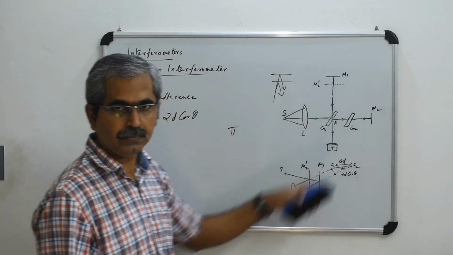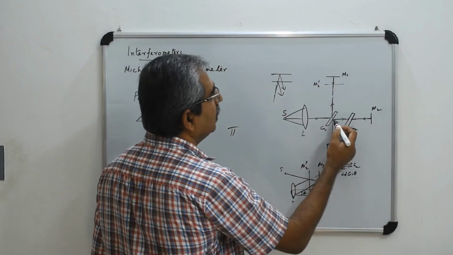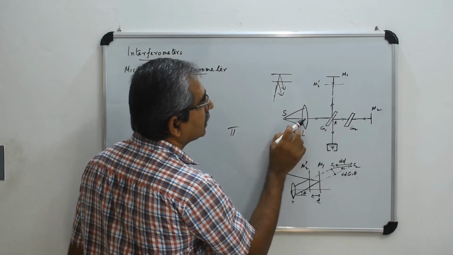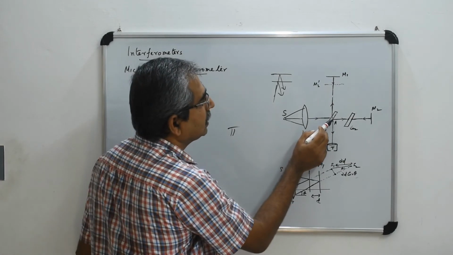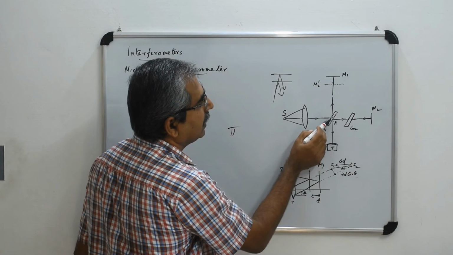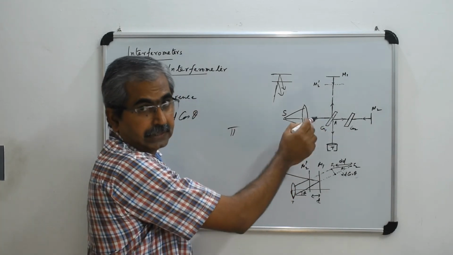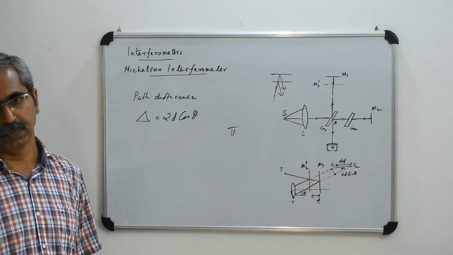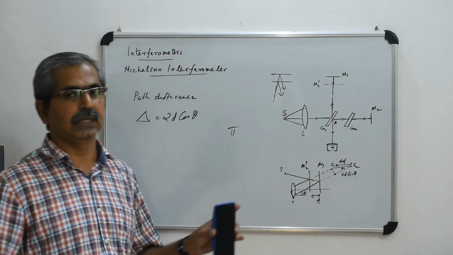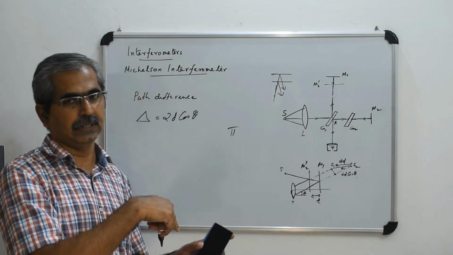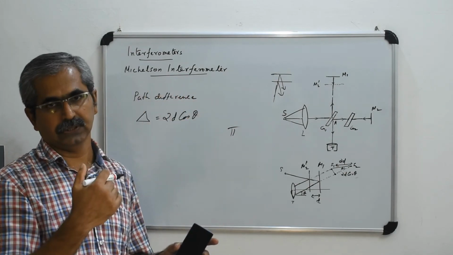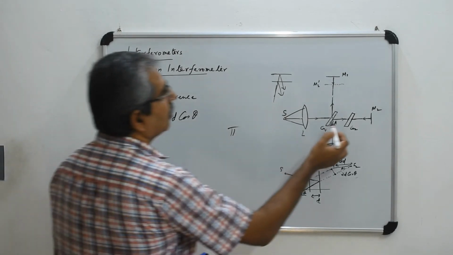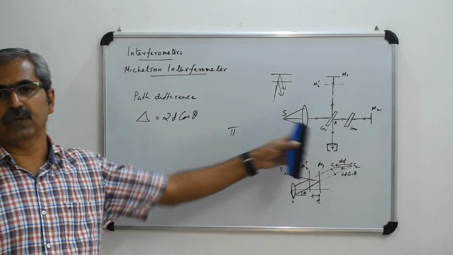For the ray going towards M1, the reflection takes place at the lower surface, from inside, so light is going from denser, glass, to rarer, air. In that situation the phase change does not take place. Phase change comes only when there is a reflection from rarer to denser, that is from air to glass. So you have to include that phase difference for the ray coming from M2.